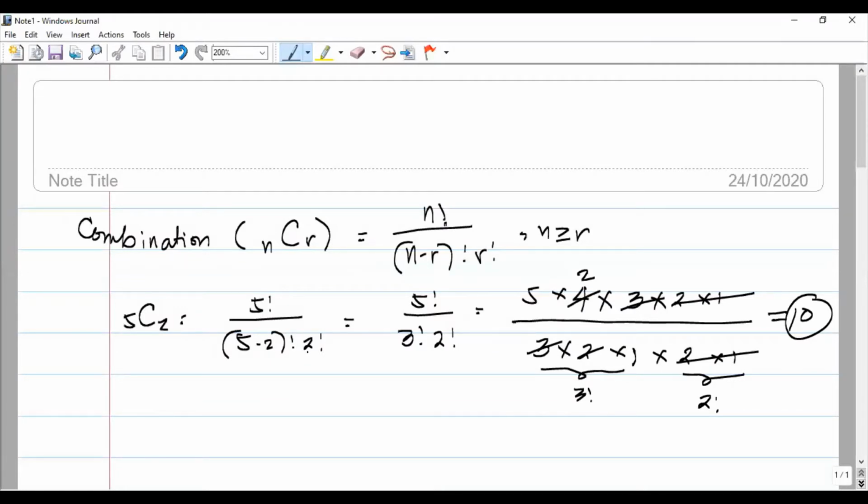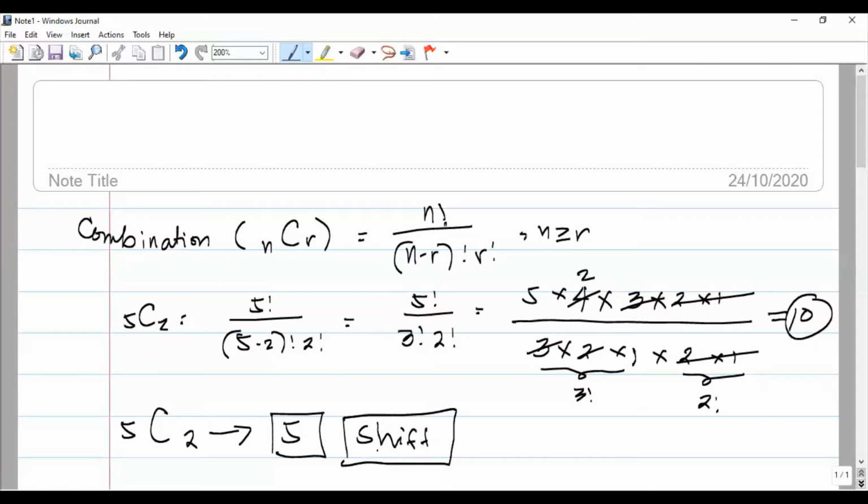Okay? But when you use the scientific calculator, I'm using a Casio scientific calculator, the combination of 5 taken 2 at a time: just enter 5, and then press shift, and then press the symbol for divide, and then press 2, equals 10.